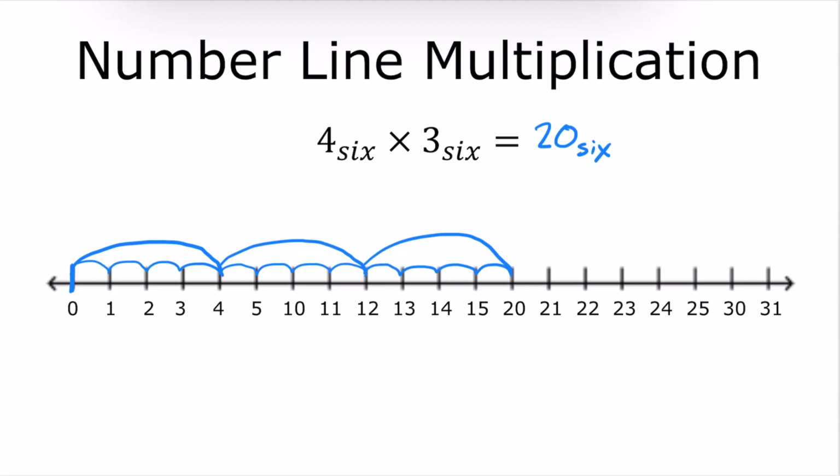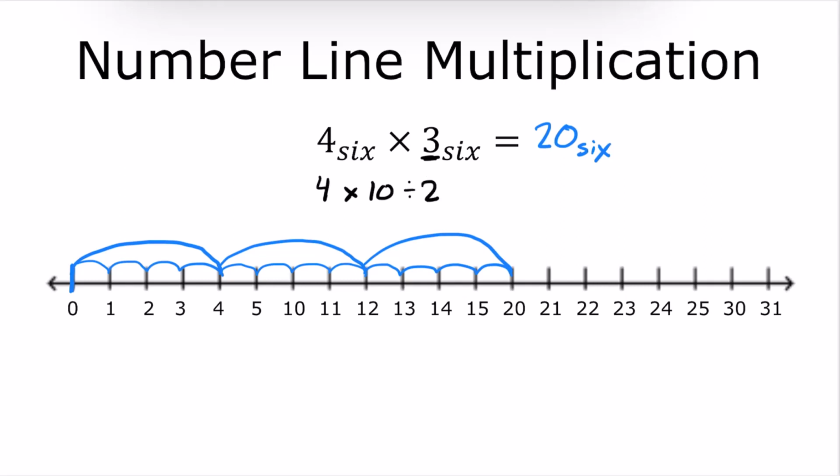Another way that you could do this same problem is you could use a thinking strategy, and you could say, well, 3 is half of 6, kind of like how 5 is half of 10. So the 3 times tables are actually pretty easy because I could think about this as 4 times 6, which in base 6 is written like a 10, and then I could divide it by 2.